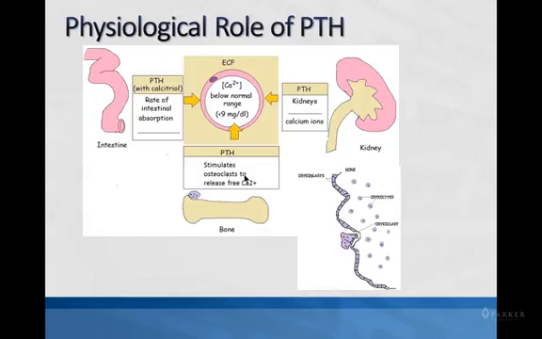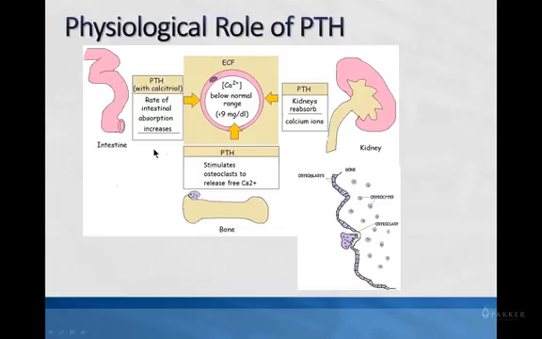Parathyroid hormone also increases the reabsorption of calcium in the kidney. So it's going to affect certain parts of the nephron tubule and allow you to reabsorb more calcium. Also, through its effects on vitamin D, it increases the rate of intestinal absorption.